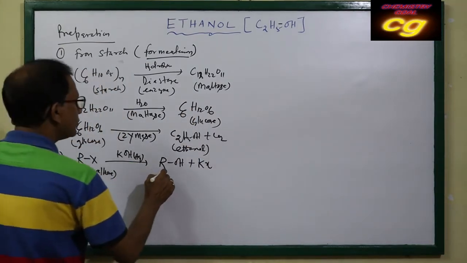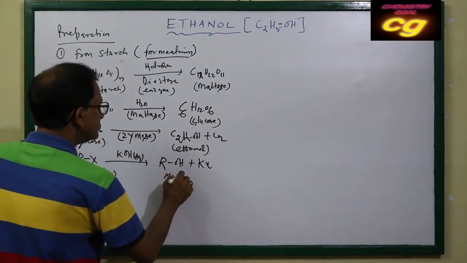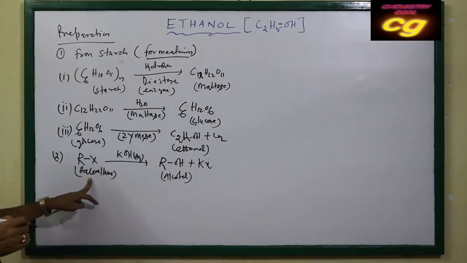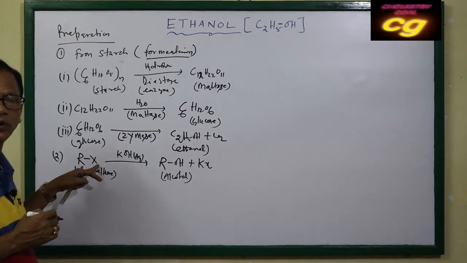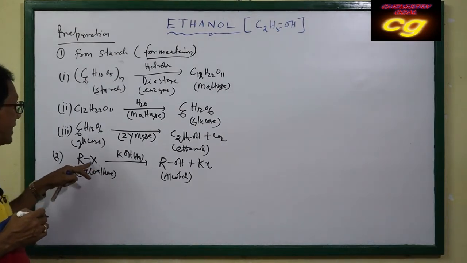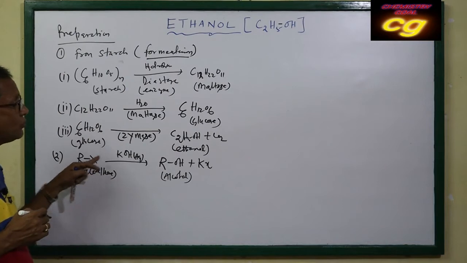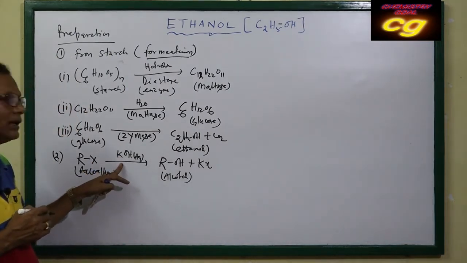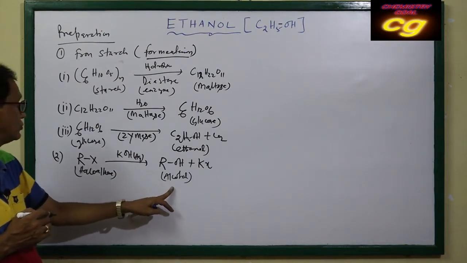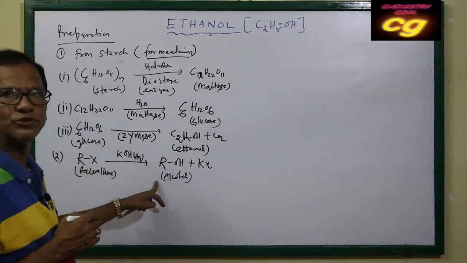So this is the alcohol produced from haloalkane. In RX, X is a halogen: fluorine, chlorine, bromine, iodine. So RX converts to alcohol using aqueous KOH. This is a direct substitution reaction.